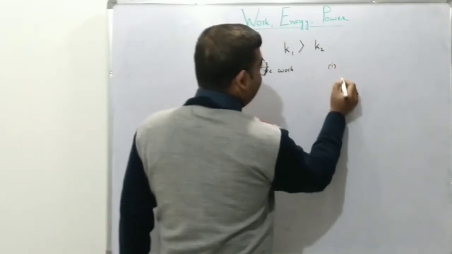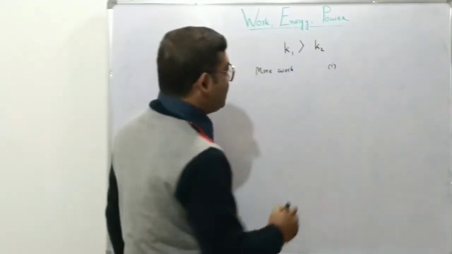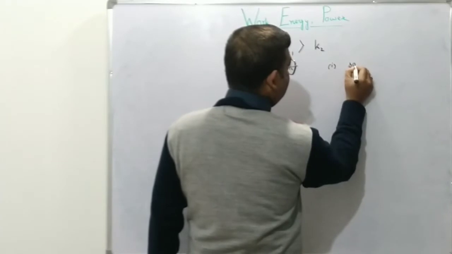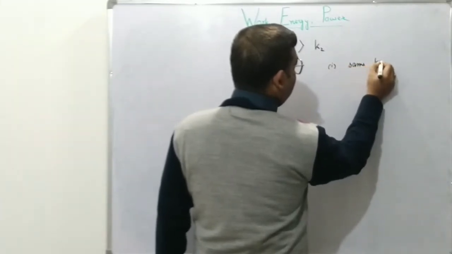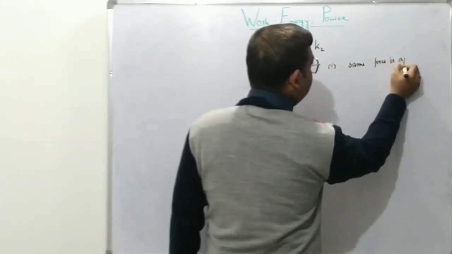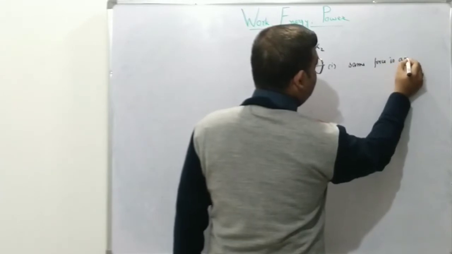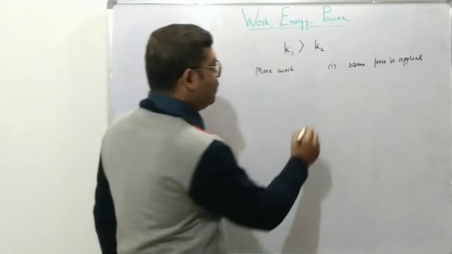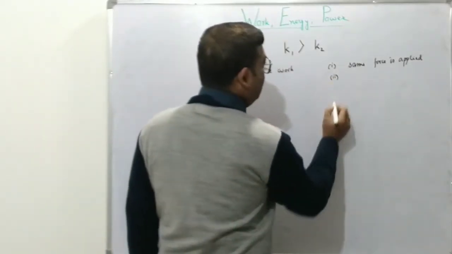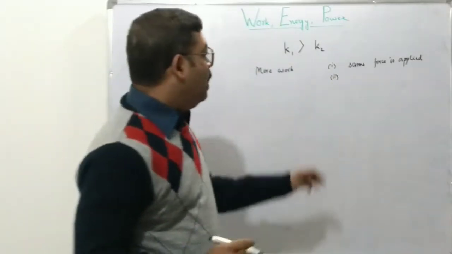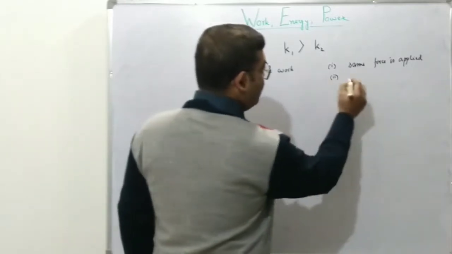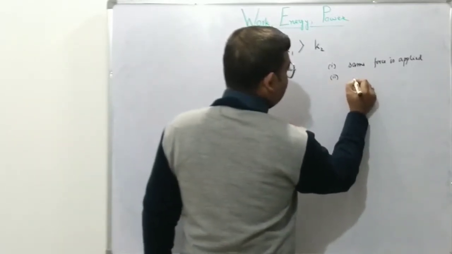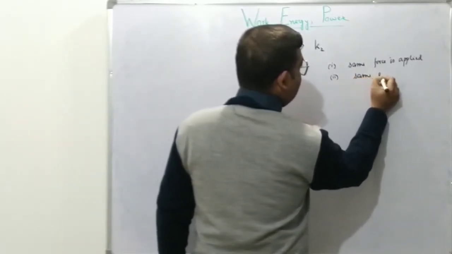Case number one, when we apply the same force to both the springs, and case number two is when both the springs are extended by the same amount, same extension.